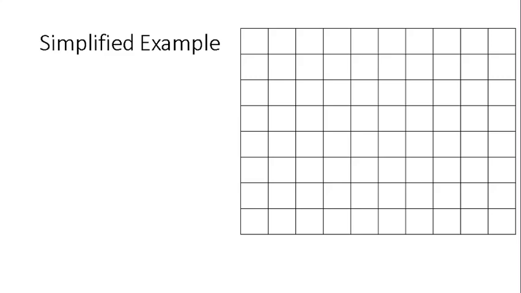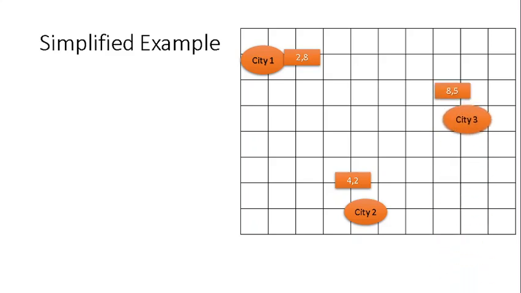Assuming that we have a map like that, a grid, where we actually don't care if we have absolute or relative coordinates. In our case, we have city 1 with relative coordinates 2, 8, city number 2 with relative coordinates 4, 2, and city 3 with relative coordinates 8 and 5.